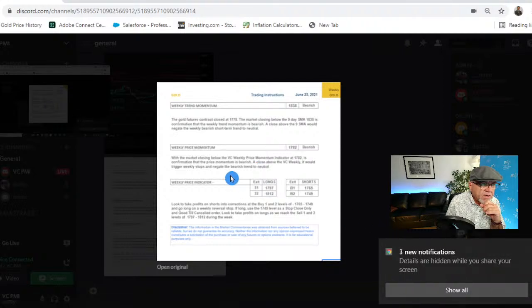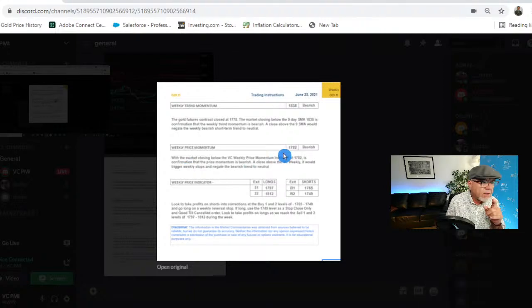The VCPMI is bearish as well, coming into this week, but it tells you 1782, which is the weekly average. A close above 1782 negates this bearishness, neutral.